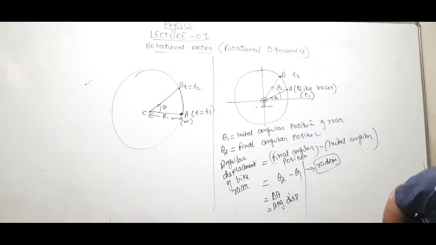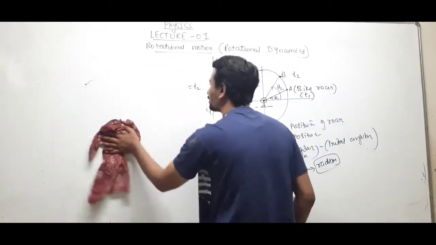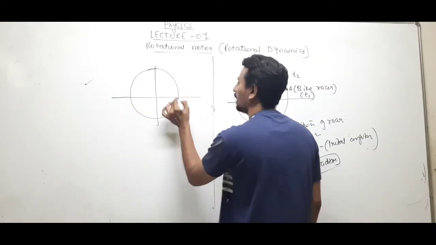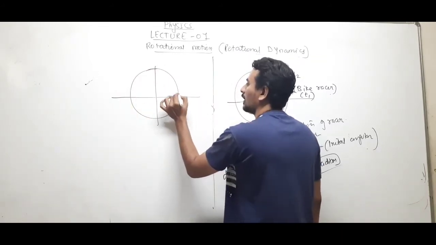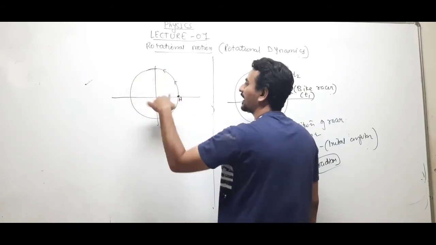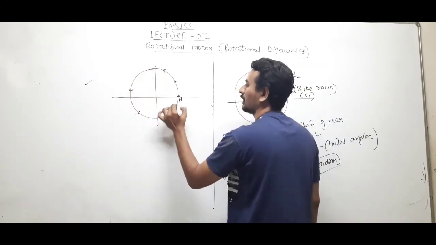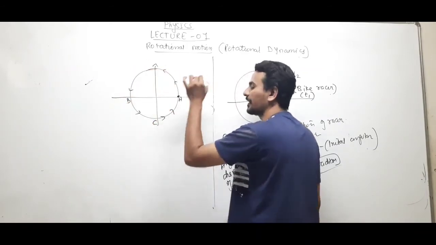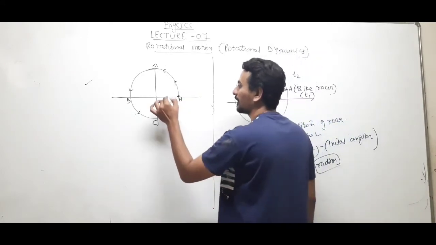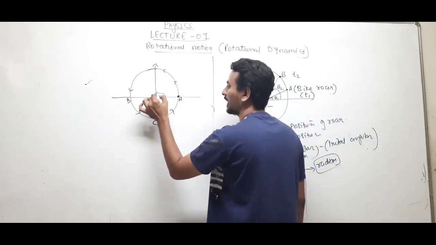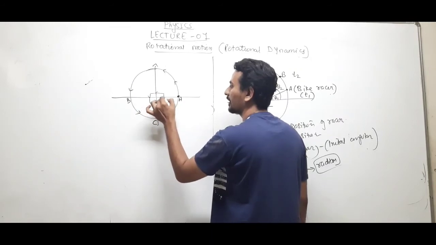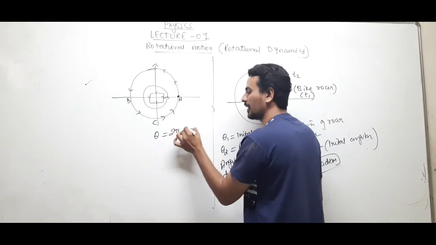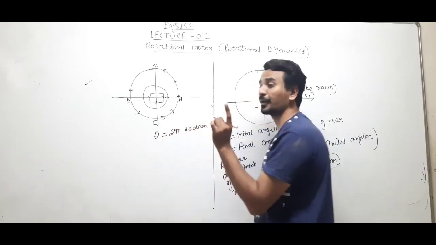That means the particle moves from point A to B, C, and then returns back to A, so angular displacement will be 2 pi radian, but linear displacement will be 0.